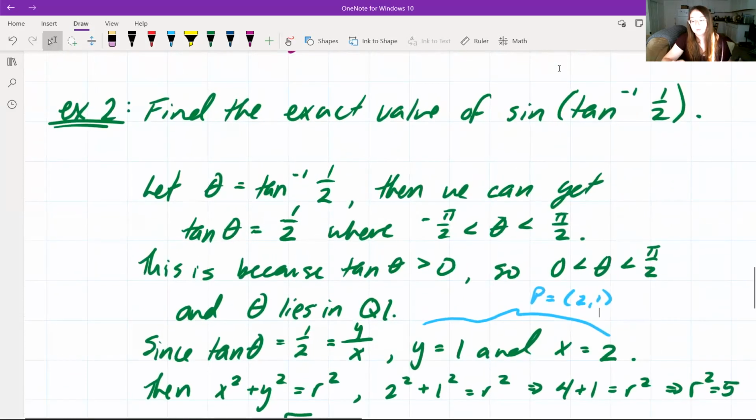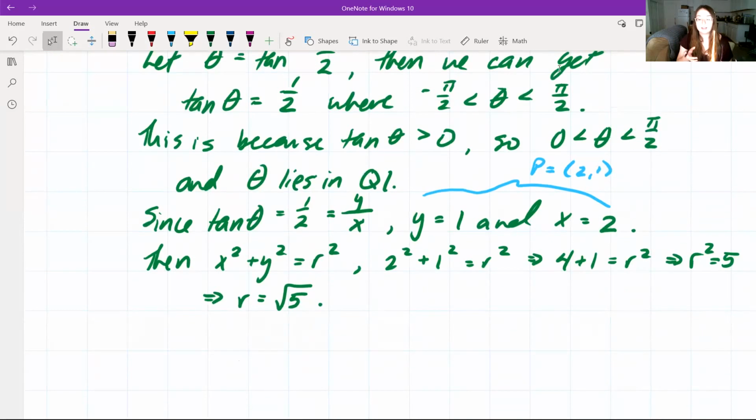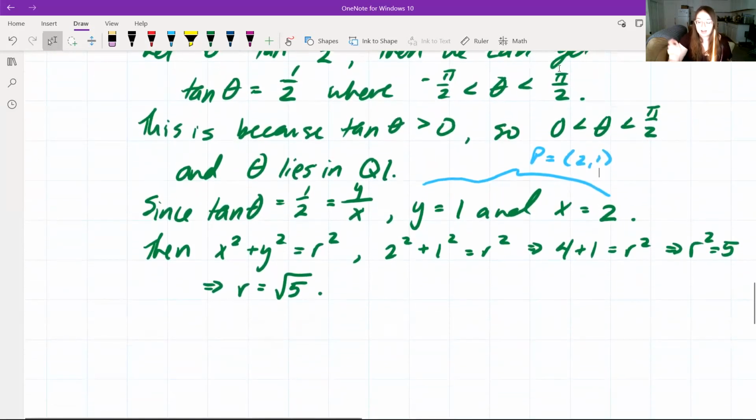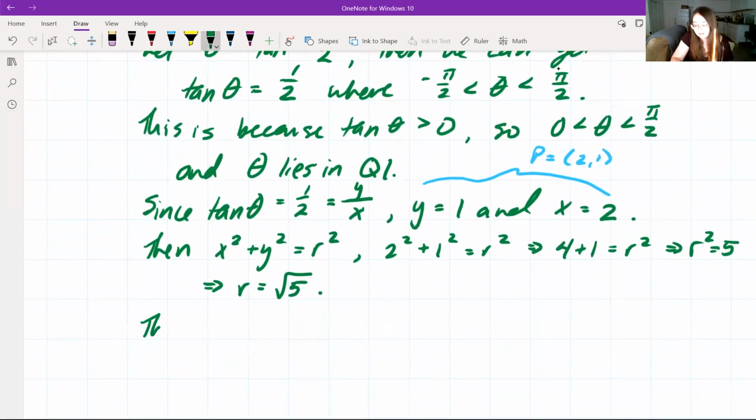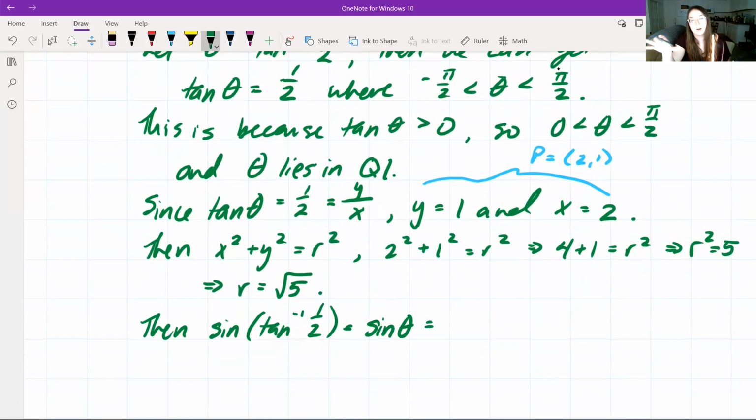We had sine of tangent inverse of 1/2. We let theta be equal to tangent inverse of 1/2. Since we replace this with theta, we can now say that this is sine of theta. The thing that we were missing from having sine of theta was that we didn't know the radius.